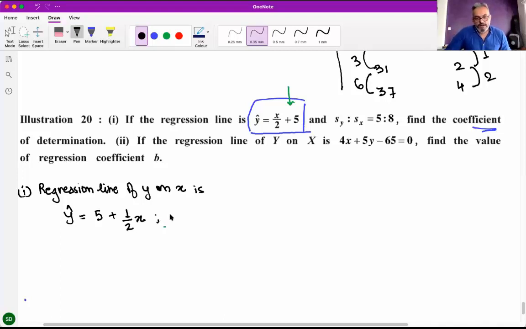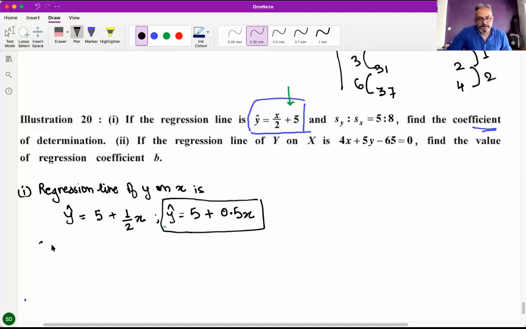Now, or I'll write y cap is equal to 5 plus 1 by 2, I'll take 0.5 x. Now, what is given? Standard deviation of y is to standard deviation of x is equal to 5:8.